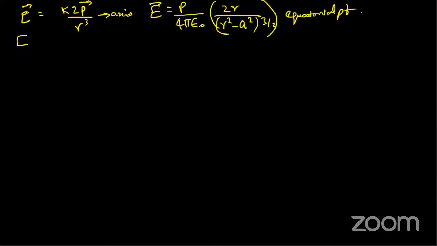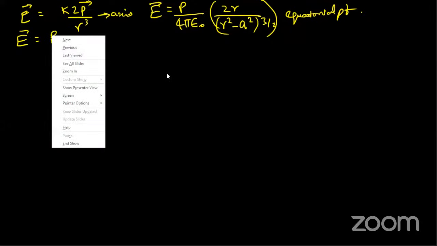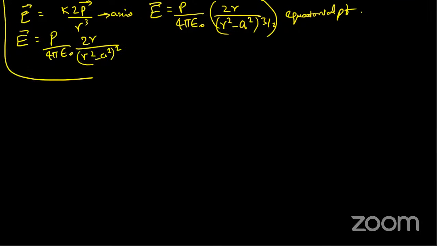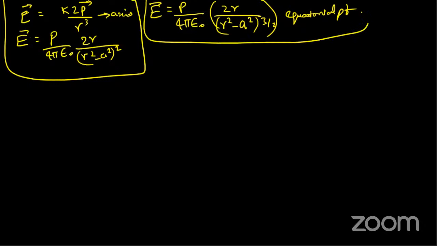Without neglecting A for the axis, it's P by 4 pi epsilon naught into 2R by (R square minus A square) whole power 2. Come on guys, please respond. So this was the general expression for axial condition, and this was the general expression for equatorial conditions.